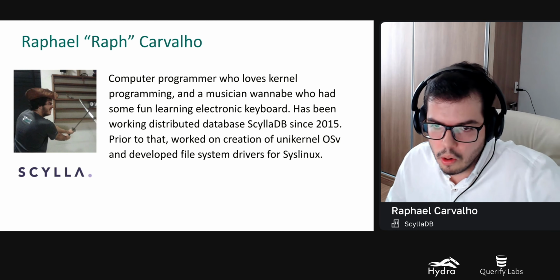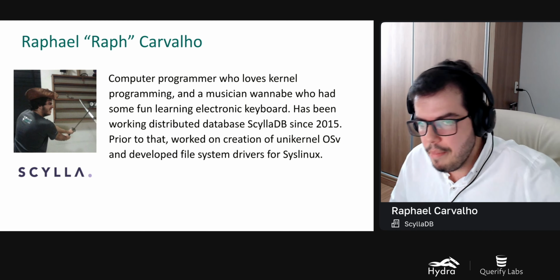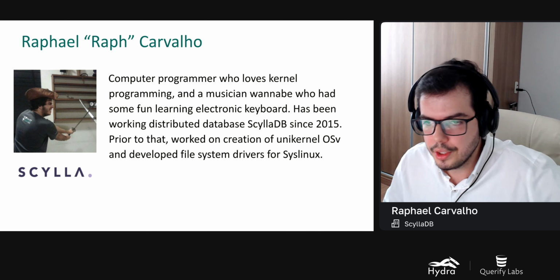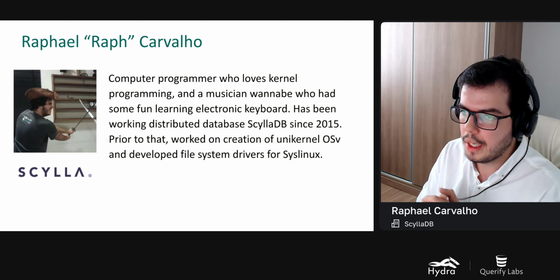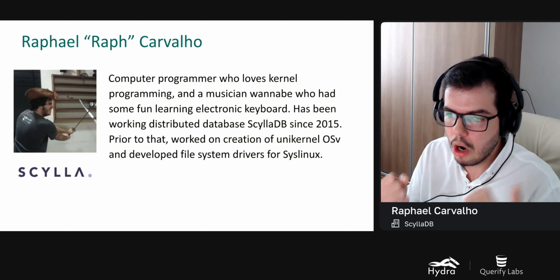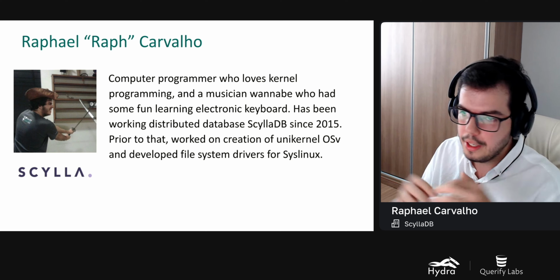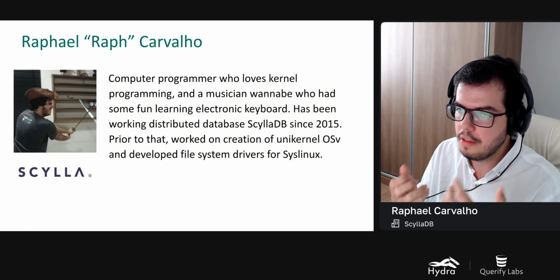I have been working on ScyllaDB since its early days. Actually, before ScyllaDB, the company was working on the operating system OSv, which is a unikernel designed completely for the cloud.